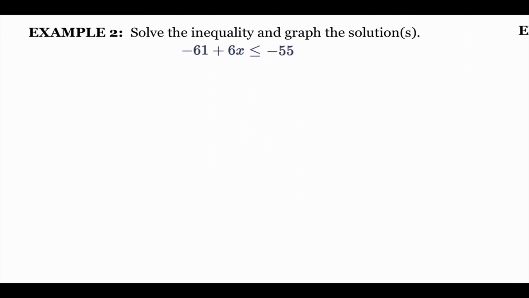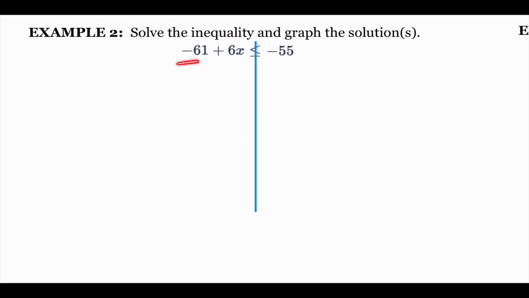Okay, so let's try number 2. So I'm going to draw my line, just like I always do. Doesn't matter if it's an equal or something else. I want to get X on one side. I want that to be the left side. X is already on the left side, so I'm going to leave it there.